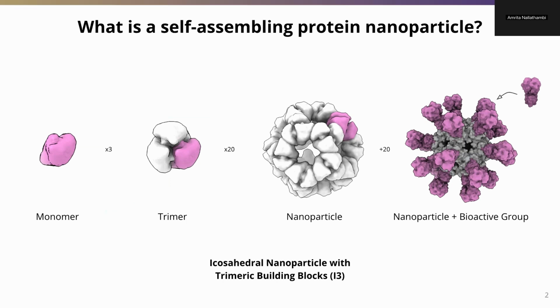And that monomer has a trimer interface, and that trimer interface promotes trimeric self-assembly. And then the trimer also has a nanoparticle interface. And so that's on the outside of that trimer. You have a nanoparticle interface, and that interface is designed so that it can promote the self-assembly into an entire protein nanoparticle.